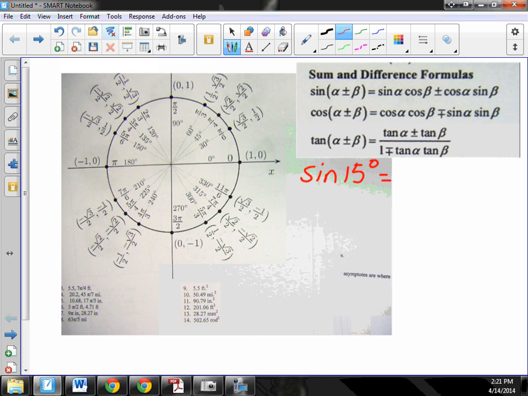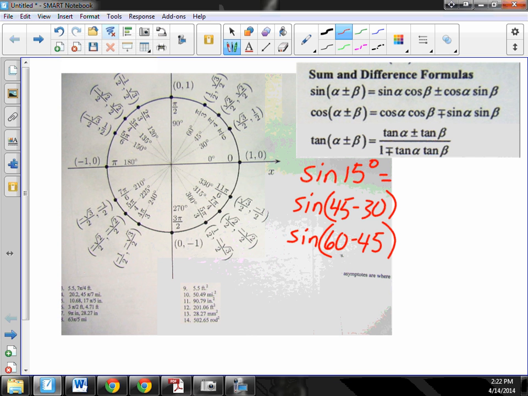So I could do the sine of 45 minus 30. Is there any other way? How else could you create 15 degrees? We could do the sine of 60 minus 45.